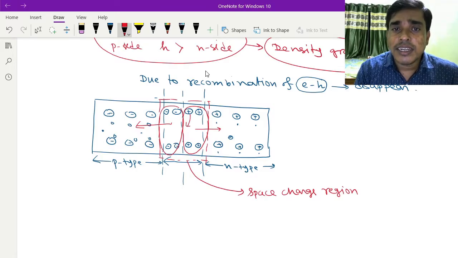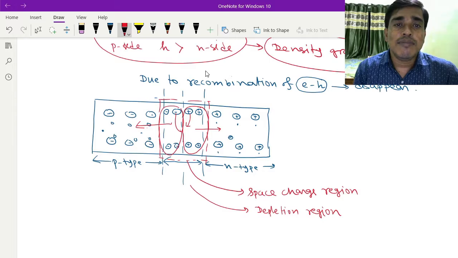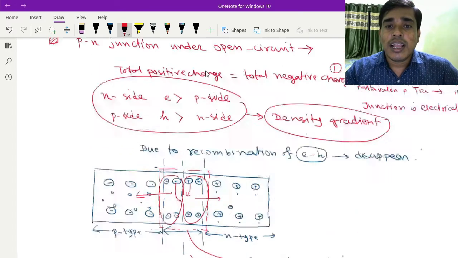This positive charge repels the positive holes and these negative ions repel the negative electrons. So this region is also called the depletion region. Okay, this is also called the depletion region.